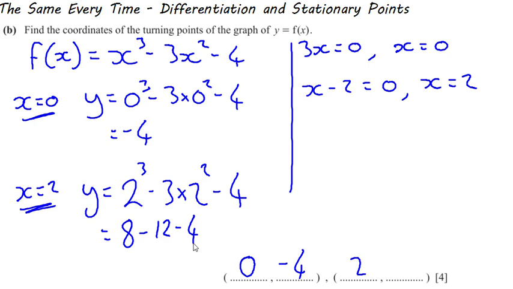So 8 minus 12 minus 4 is going to give us negative 8, isn't it? So 2 goes with negative 8. And that's the end of that question. So that's 4 marks there.